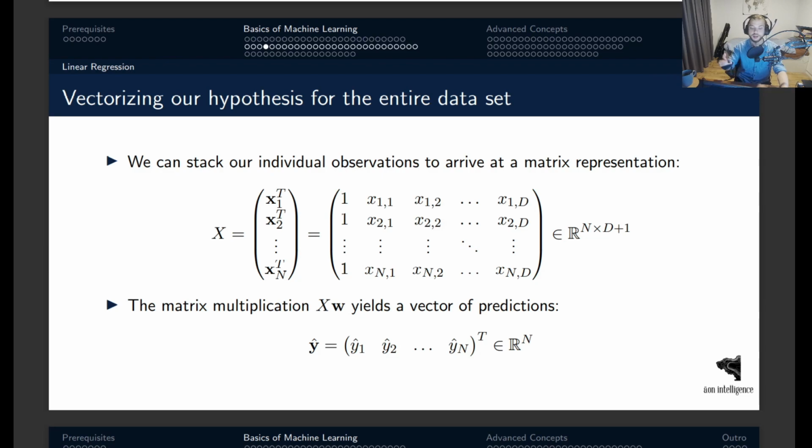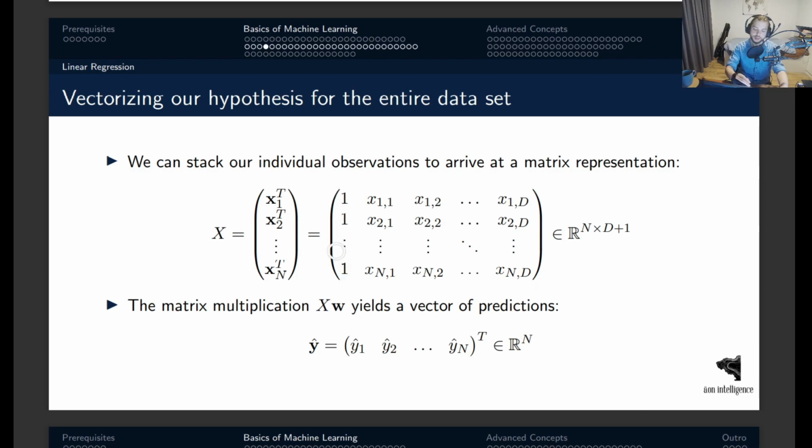Recall, in our dataset we have n such observations, and what we do is define this matrix X, capital X, where we stack the transposed individual feature vectors x1 to xn. Writing this out explicitly leaves you with this definition of our feature matrix.